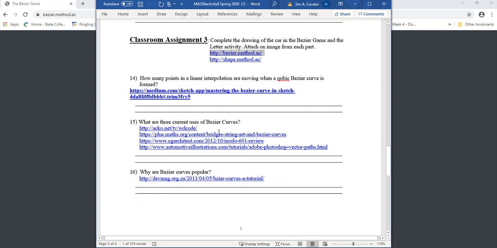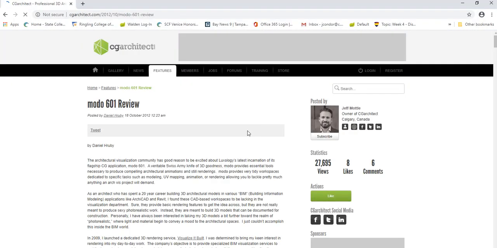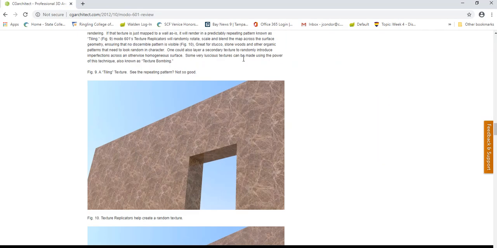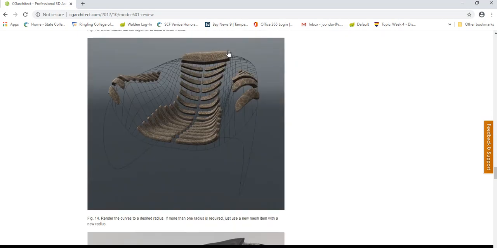This one is about bridges, and I think this one is about a chair. Here's an application. We'll look at one of them, but you can see some applications. And if you go down and look at these, the one in particular I was looking at was down here.